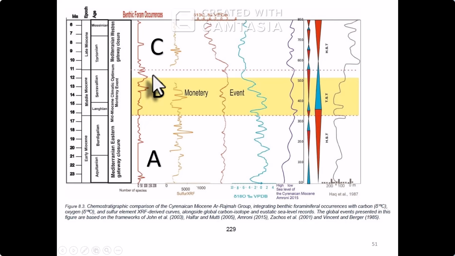And then in the middle Miocene, there was global transgression, which led to a lot of nutrient material and an increase of the fossil size, diversity, and number, accompanied by increasing carbon. And the late Miocene, denoted by C here, shows declination of fossils and the closure of the West Mediterranean, Gibraltar, and declination of carbon and oxygen due to intense weathering.